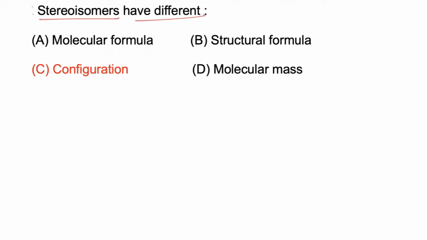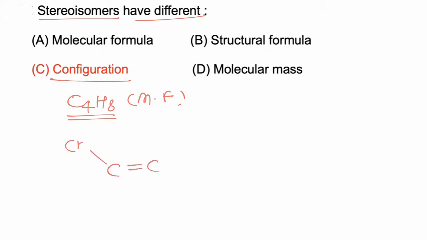Stereoisomers have different arrangements of atoms or groups in space, so they have different configurations. For example, if we have the molecule C4H8, using this molecular formula we can form two structures.